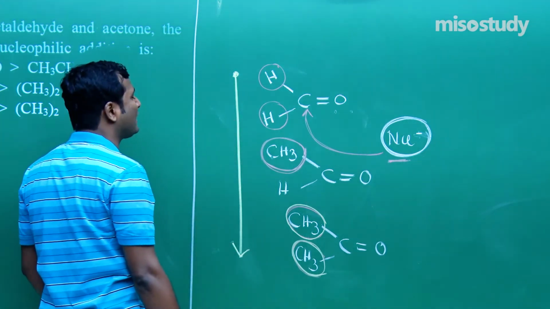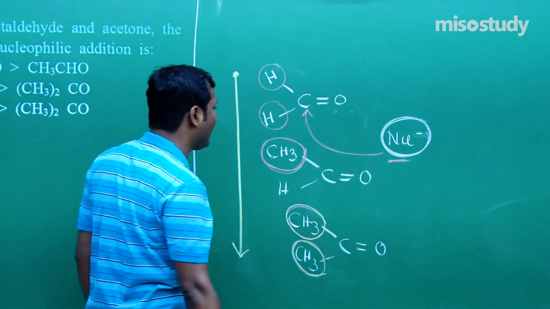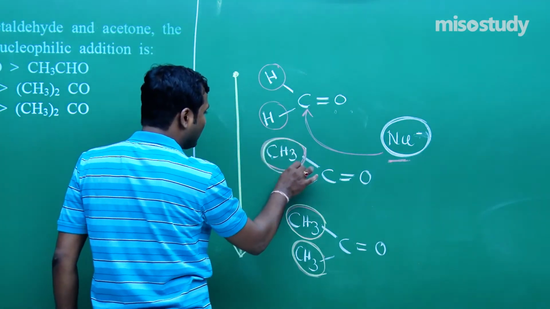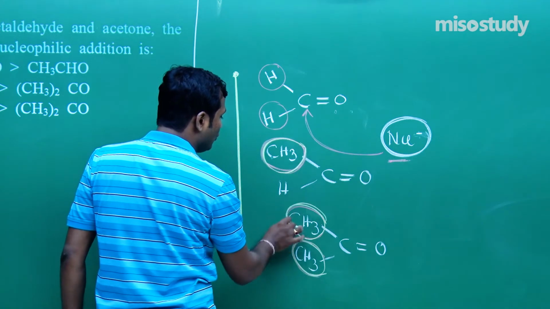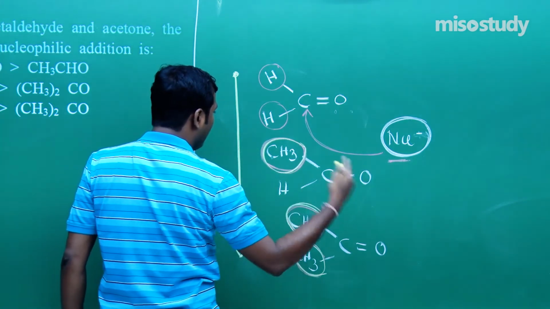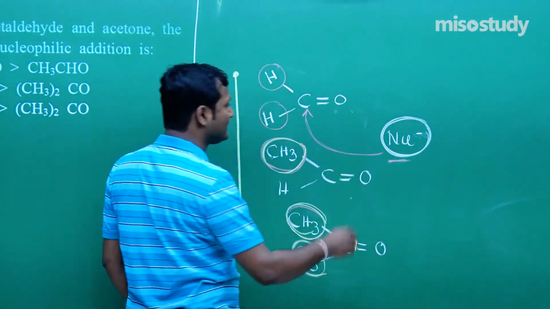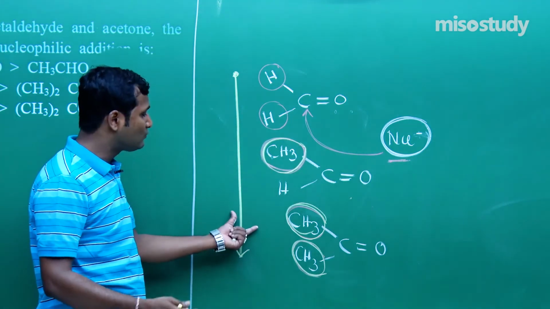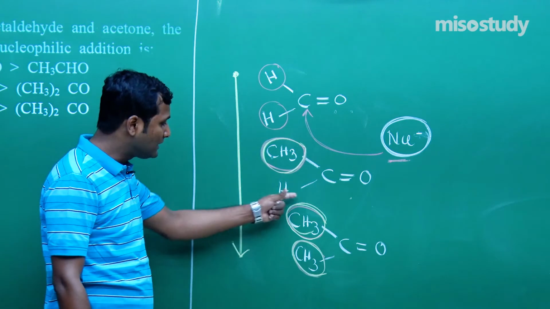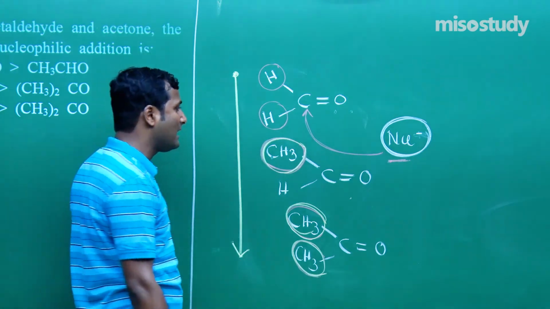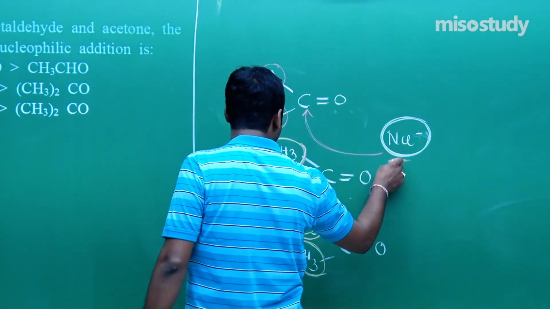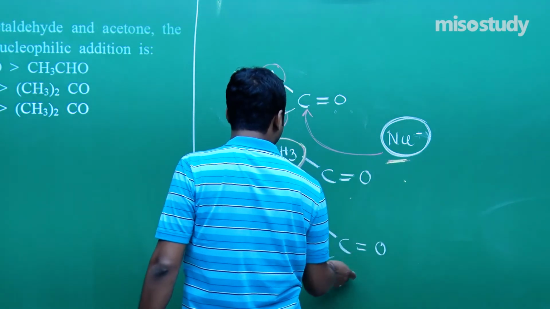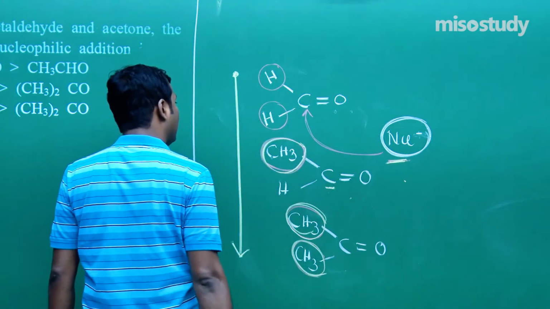Second is the electron donating, that is plus I effect. Here is one electron donating group, here are two, so more plus I effect means less tendency for the nucleophile to attack. So there are two effects, the best one being the steric effect. The more the alkyl groups, the less the tendency of the nucleophile to attack the carbonyl carbon.